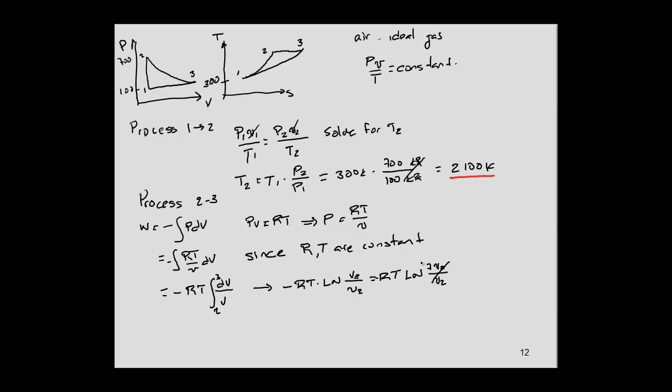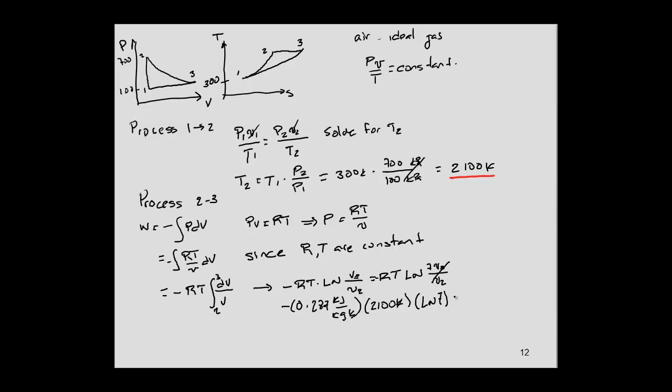So if we substitute the numbers, R is 0.287 kilojoules per kilogram Kelvin times T, which is constant because it's an isothermal, and we know that it's 2100, times the natural logarithm of 7.